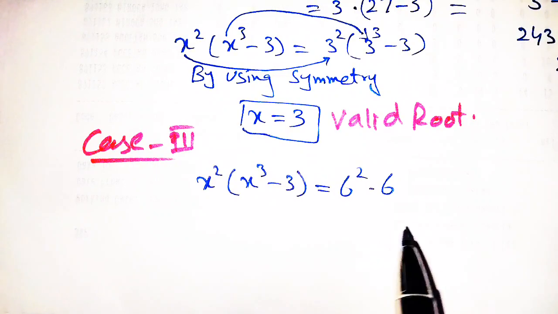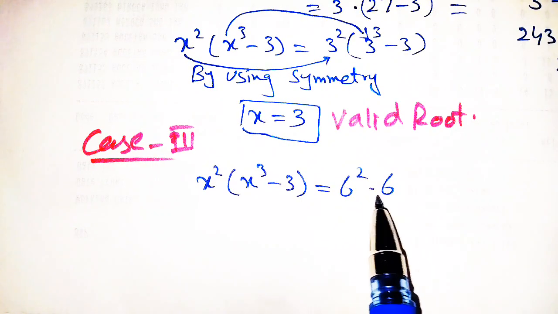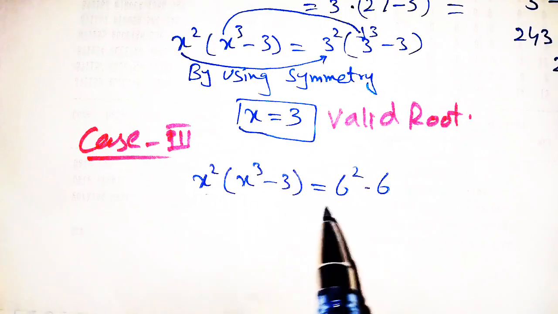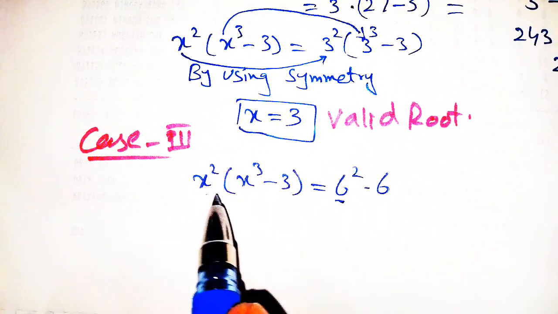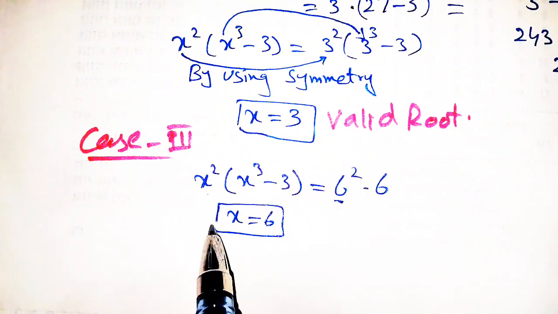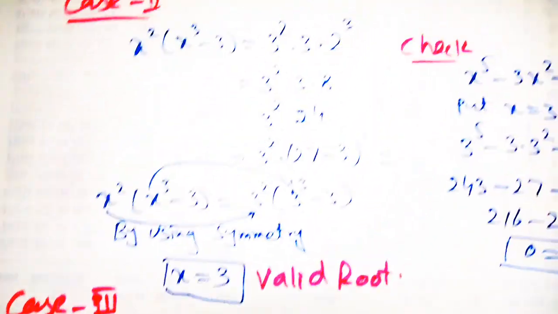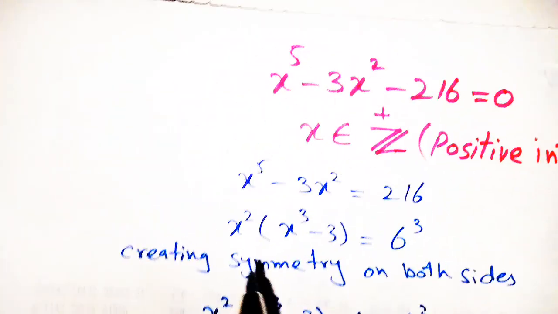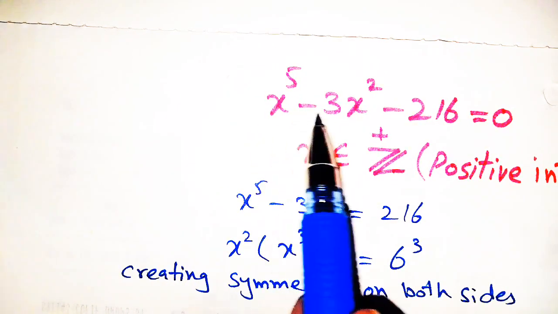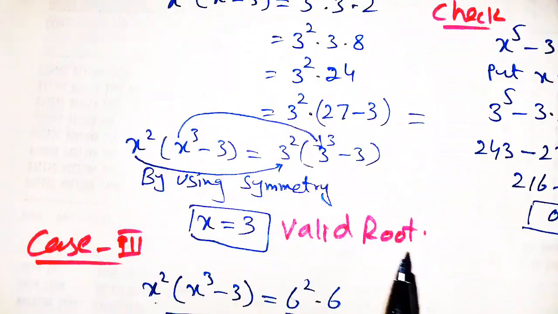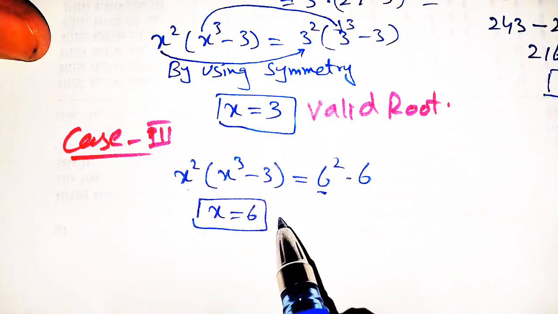From this we can see that we cannot write the right hand side in the same pattern as the left hand side, or if we compare the first term, then we can conclude that x is equal to 6, and by putting this value in the given equation, we can clearly see that 6 raised to power 5 is very much greater, and it will not satisfy the given equation, so it is also rejected.